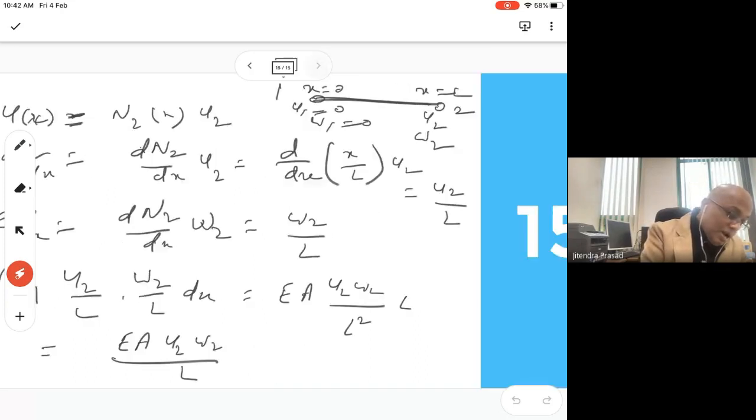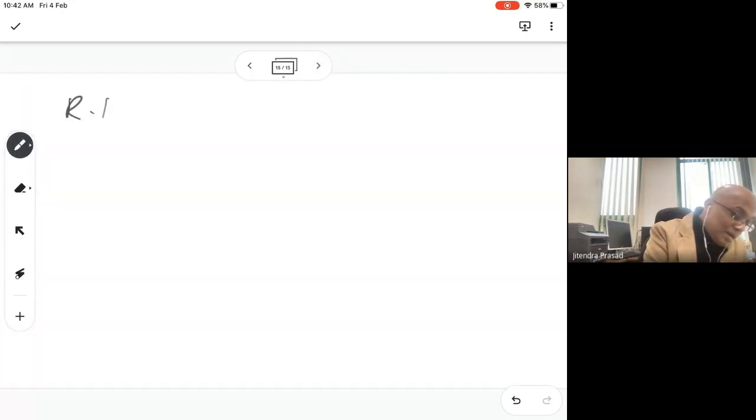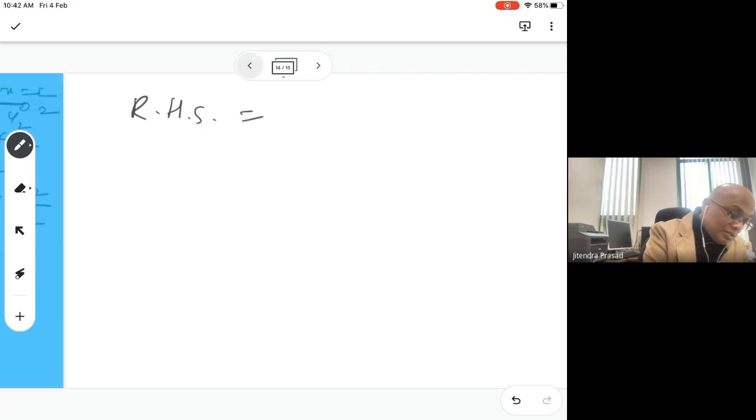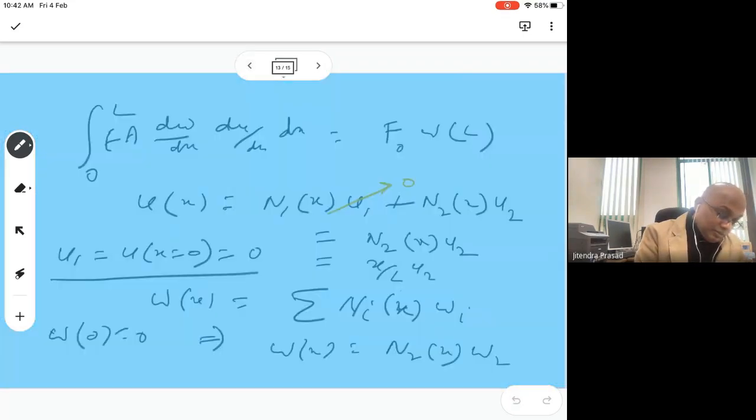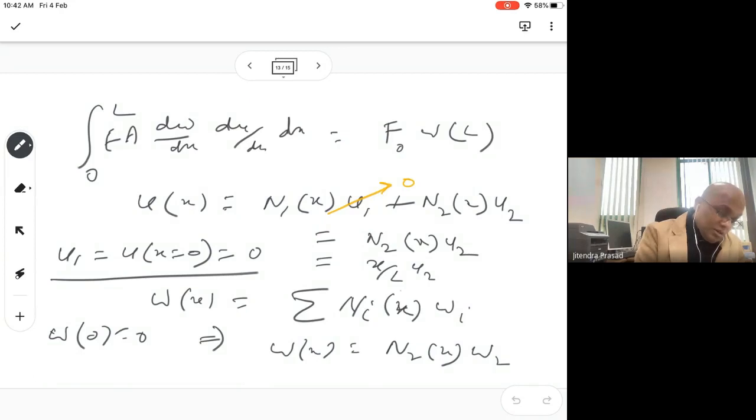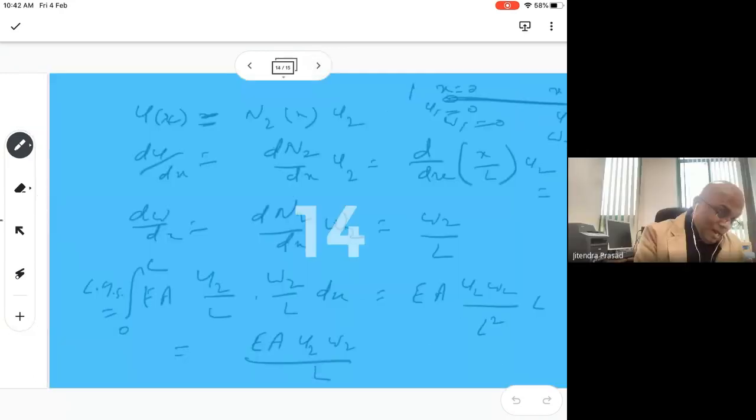Now the right hand side. What is on the right hand side?